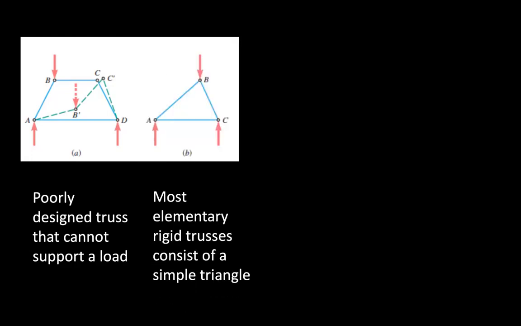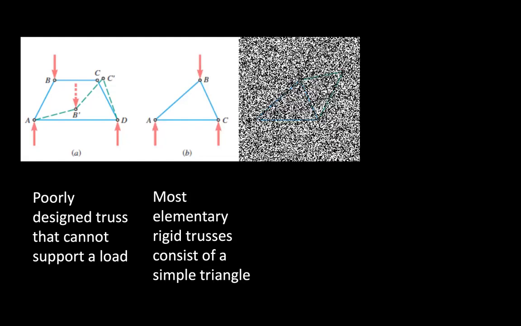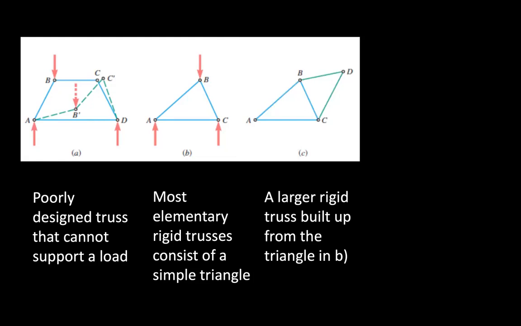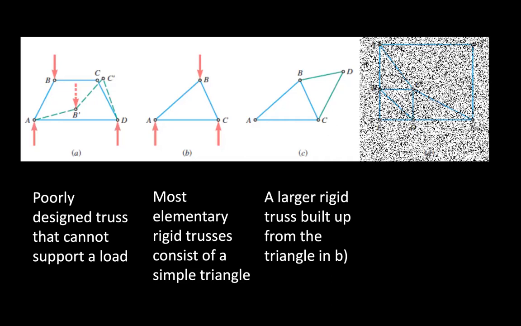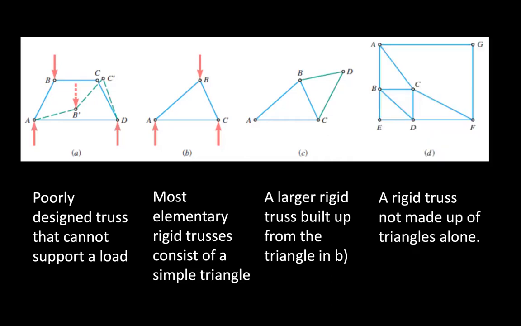This is a poorly designed truss that cannot support a load. This one over here is the most elementary rigid truss, consisting of a simple triangle. This is a larger rigid truss built up from the triangle B, and this is a rigid truss not made up of triangles alone.